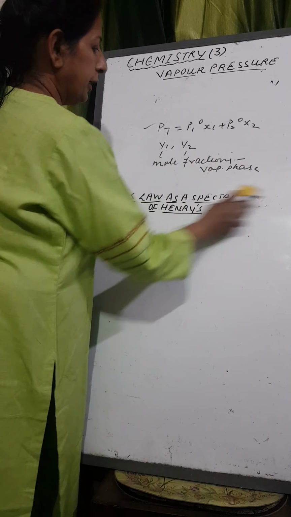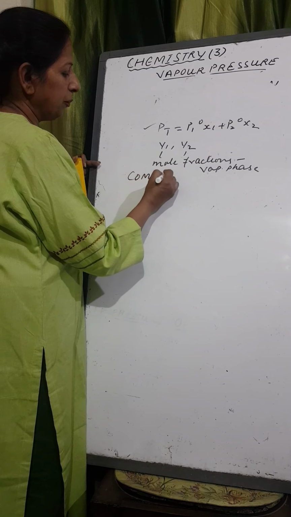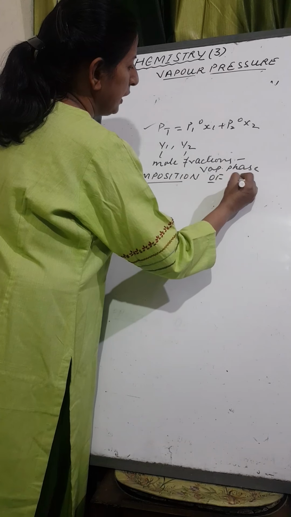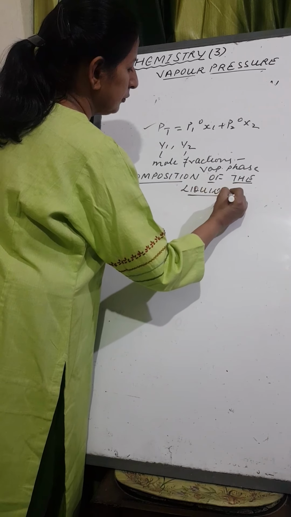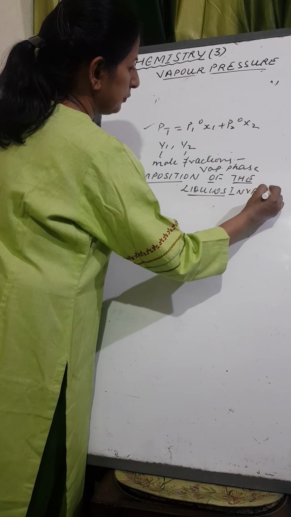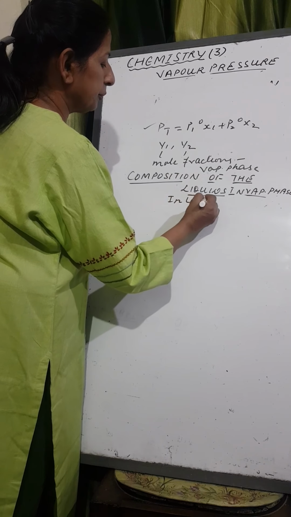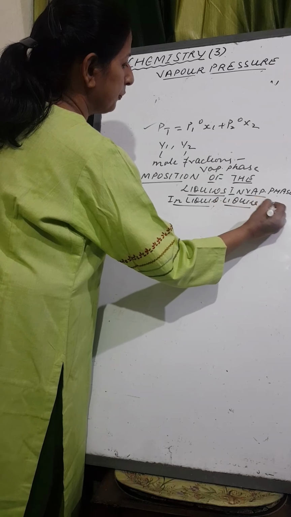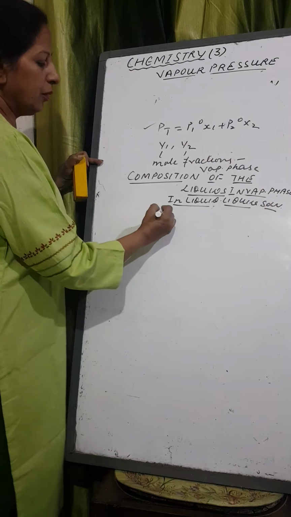So if we want to find out the composition of the liquids in the vapor phase, as opposed to the composition in the liquid solution, P total will be equal to Y1 into P1.